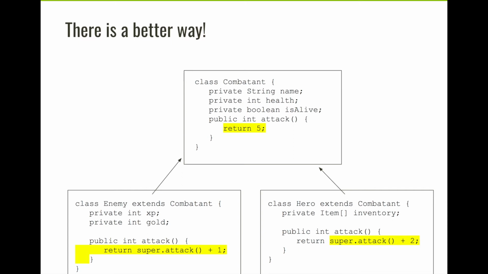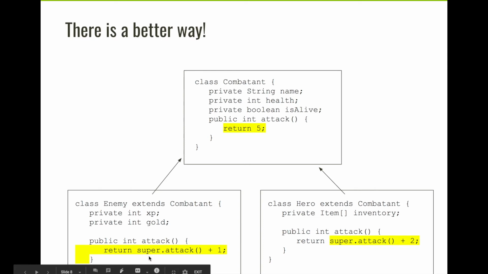So what we can do is we can actually interact with the superclass. Whereas this value, when we update this to 5, we could have originally coded our enemy to do the super attack plus 1. That doesn't mean its attack is better than, well, it is better, it's 1 better.